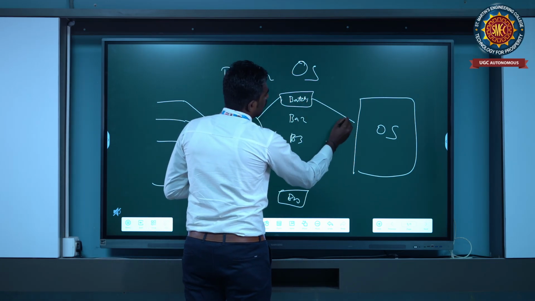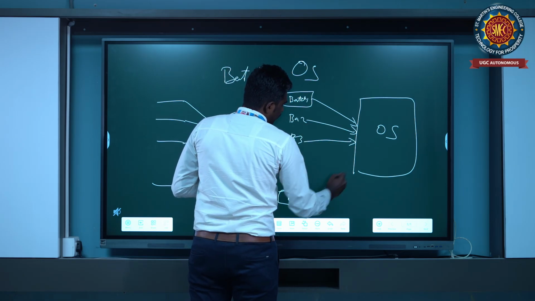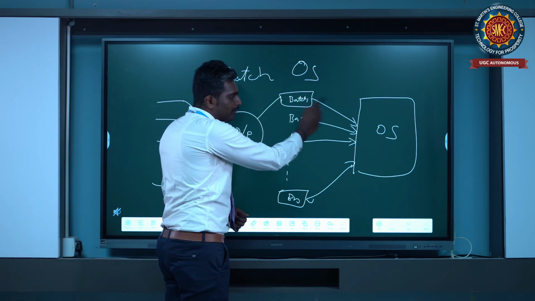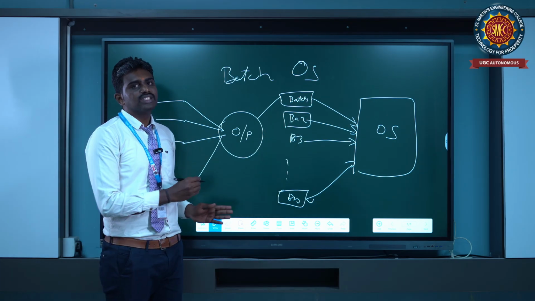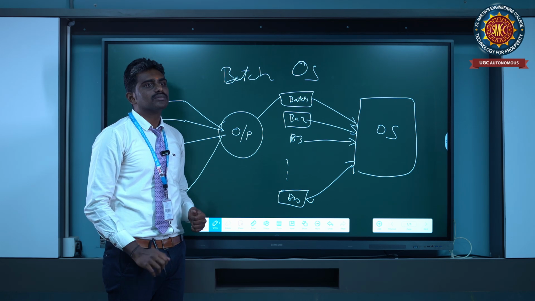Batch 1 will be implemented, then batch 2 is also implemented, in a systematic function. After batch 1 has completed, batch 2 starts to be implemented. So this is the process of the batch operating system. Completed.